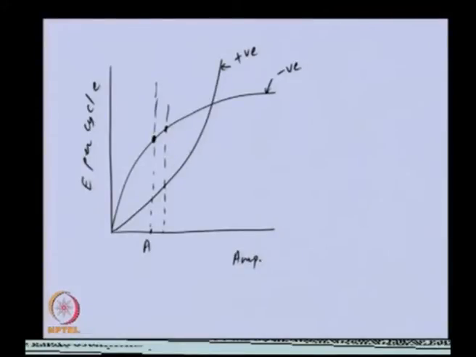Now let us say, this particular plot I am drawing again. Let us say we are somewhere here. In this particular case we can see that this is the energy which is getting into the system, but this is the energy from here to here which is getting out of the system.